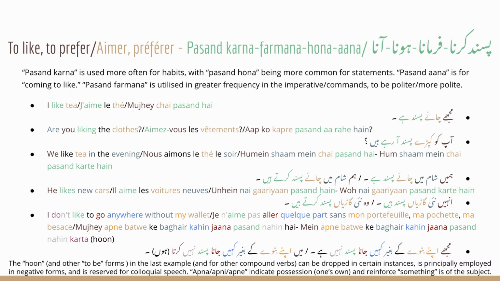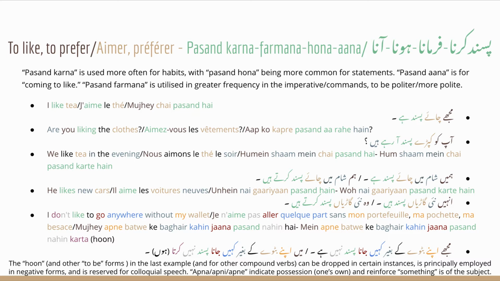Now for the last one. मुझे अपने बटुए के बगैर कहीं जाना पसंद नहीं है और मैं अपने बटुए के बगैर कहीं जाना पसंद नहीं करता हूँ. So here for the first example, apna, we haven't covered that yet, but that reinforces possession.